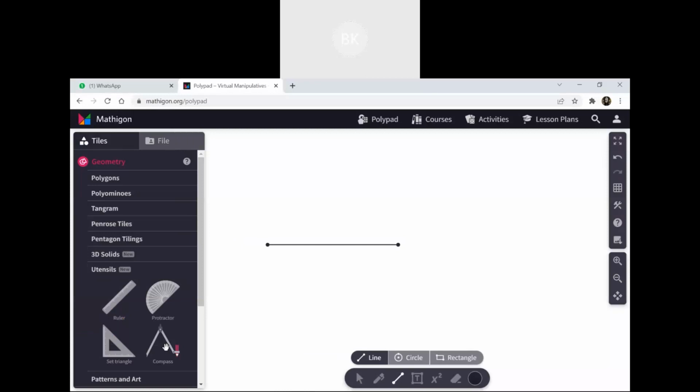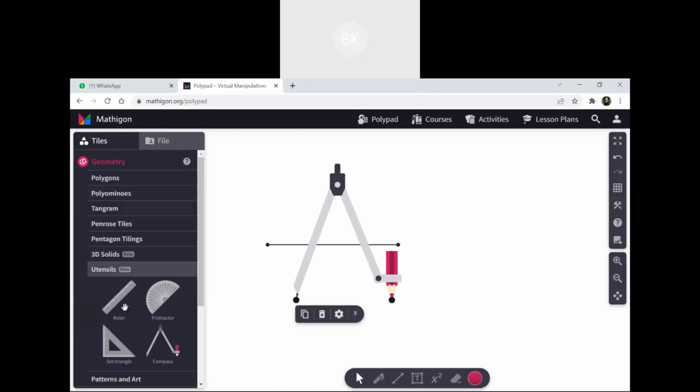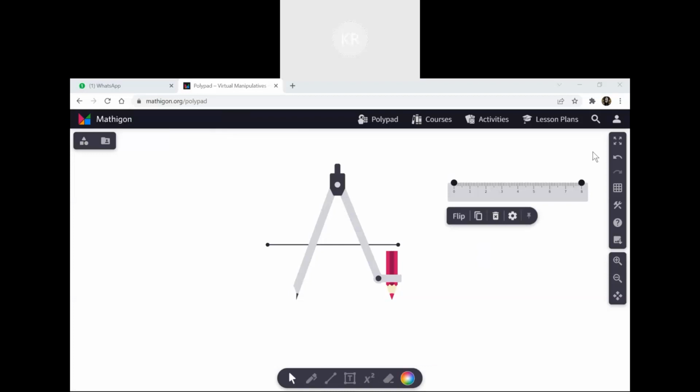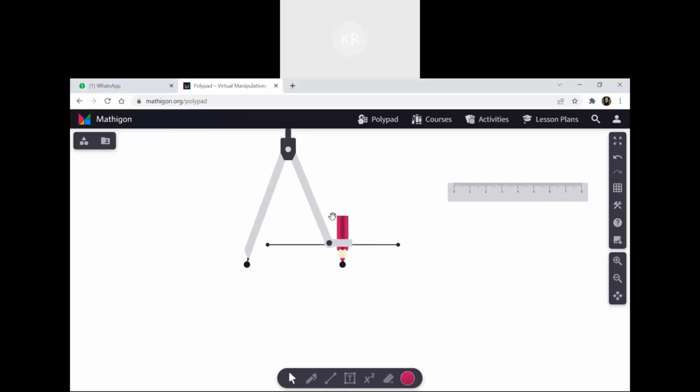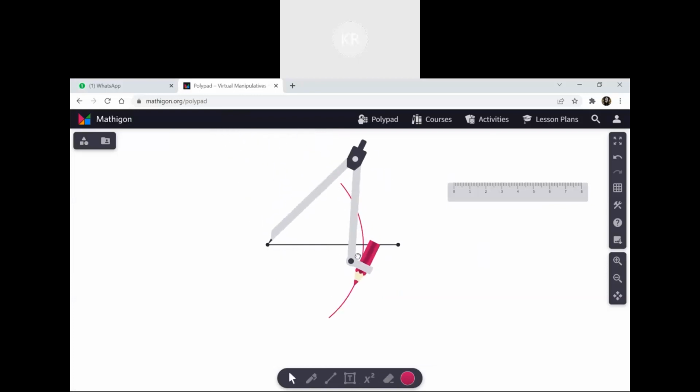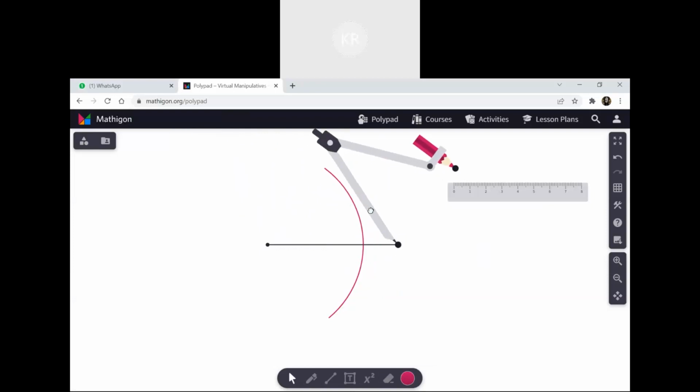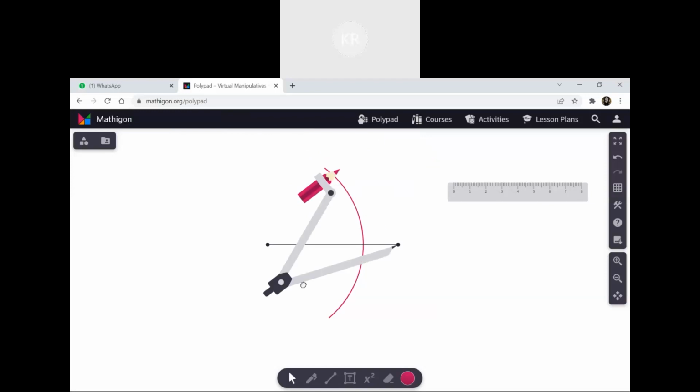I'll do it without much explanation. I have taken one ruler and I'll keep it aside. More than half I have taken and I have drawn one arc. I'll take this A as the center and cut the earlier arcs.